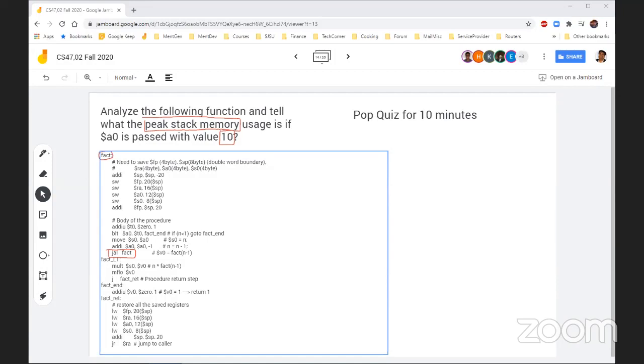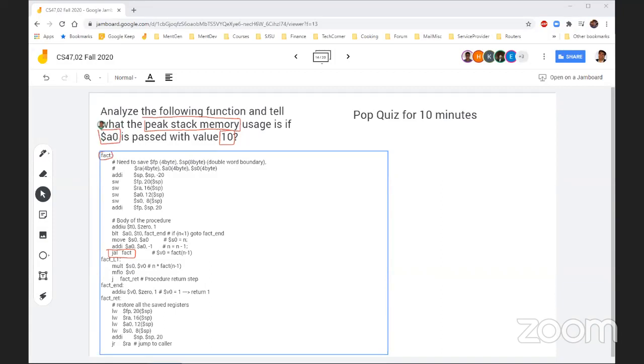Maybe it's 10 frames, 20 frames, whatever, depending on the data and the implementation of this function in the assembly code. That part will vary. So you need to compute the peak stack memory usage for this function call, assuming you have passed 10 in the argument register A0.